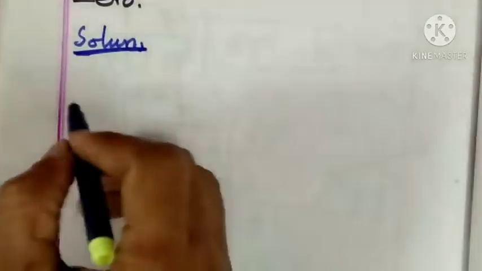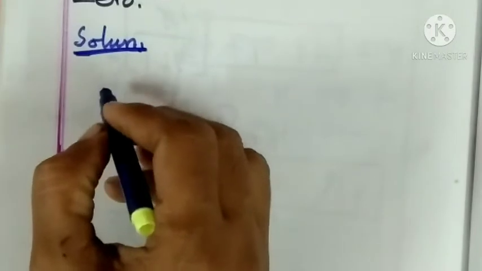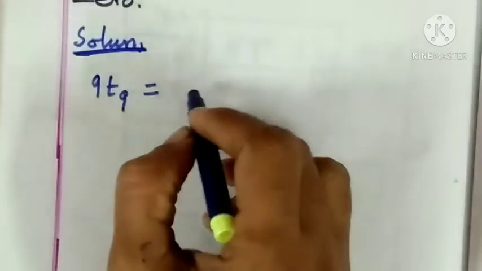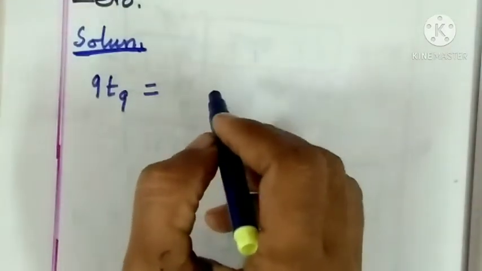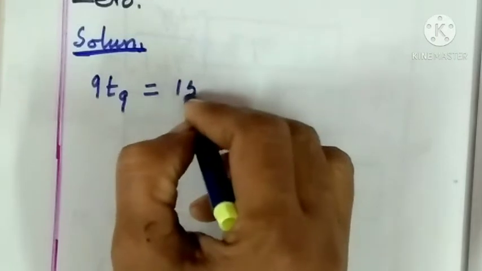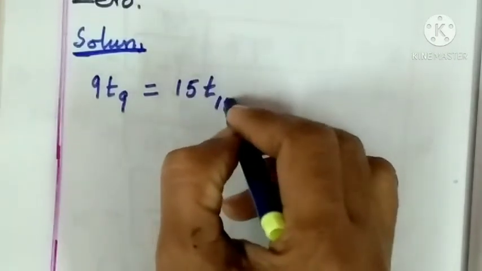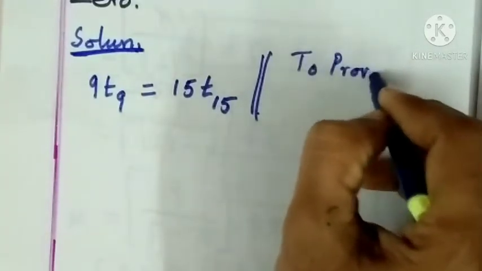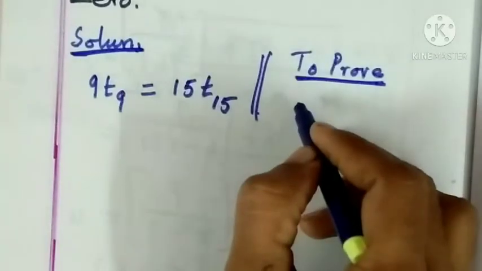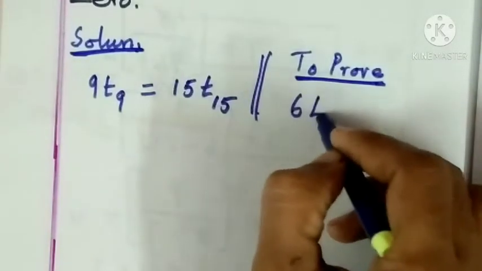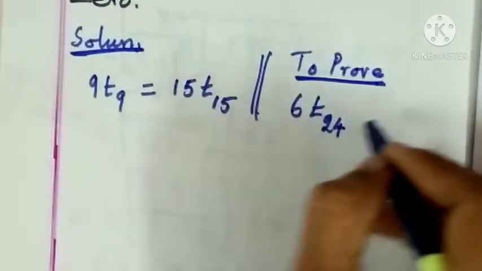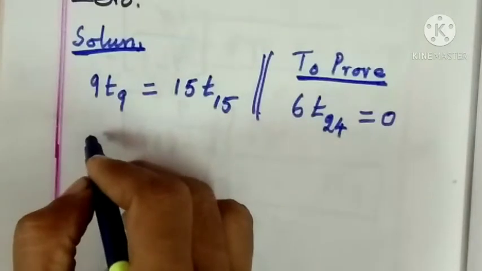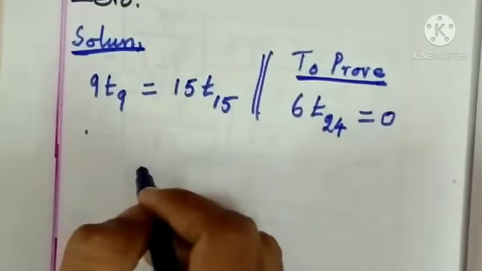First you write down the given, that is 9 times the 9th term. So 9 into T9 is equal to 15 times the 15th term, that is 15 into T15. Here we have to prove that 6 times the 24th term, 6 into T24, is equal to 0. First you have to write the nth term formula. What is the nth term formula?